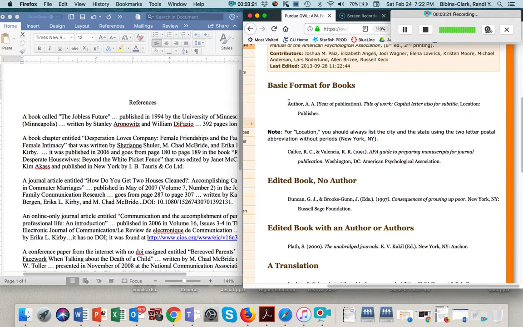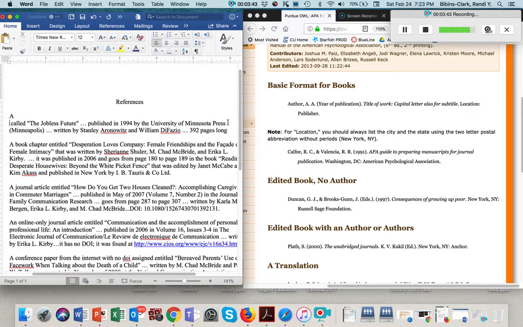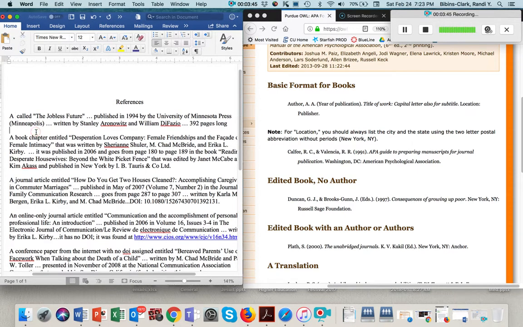So the first thing that I need is the author's last name with a comma, and then the first and middle initial, if there is a middle, with periods, and then year of publication. So if I have two authors, which I do here, I can look at this and see that they're separated by comma and then an ampersand. So I'm just going to put it right here.